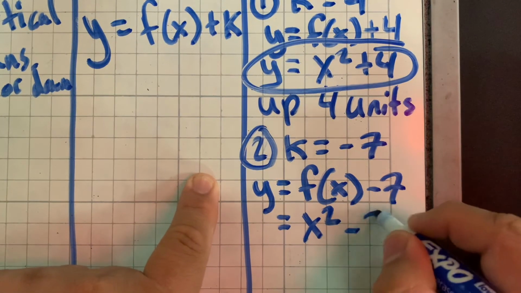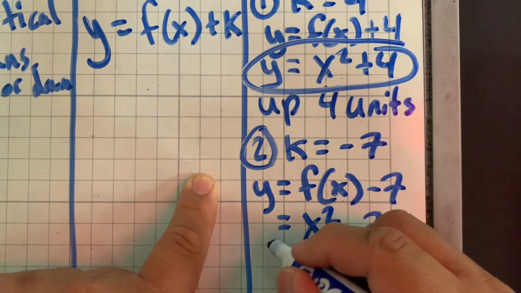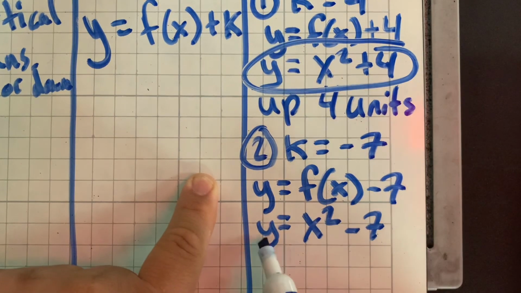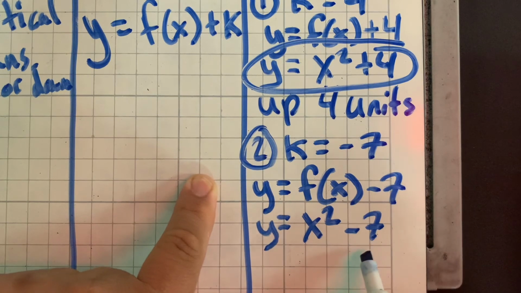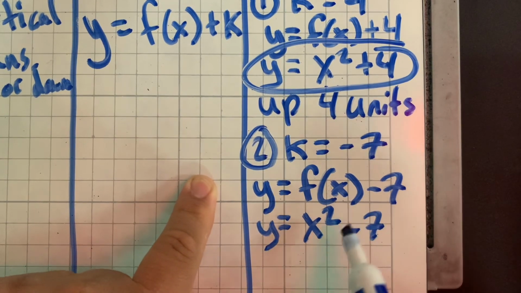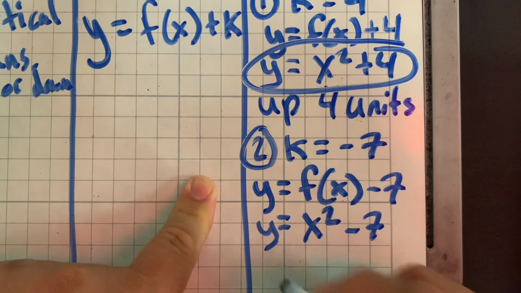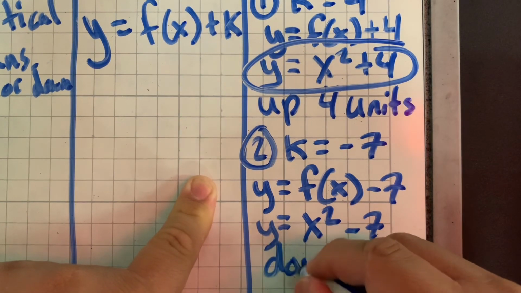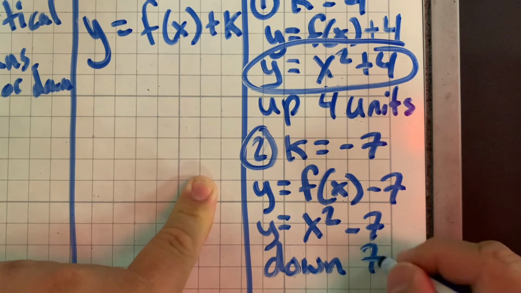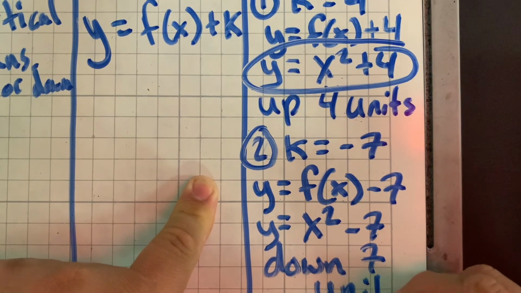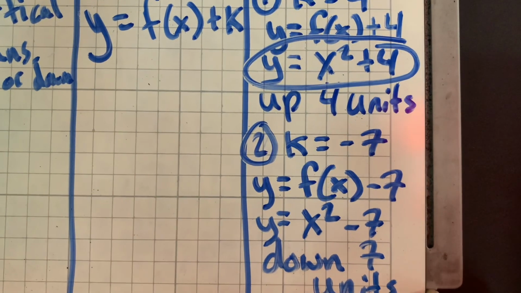So it's x squared minus 7. So again, this is my new function. This is my transformation on the parent function. If we were to graph this function, you will see that the graph would go down 7 units.